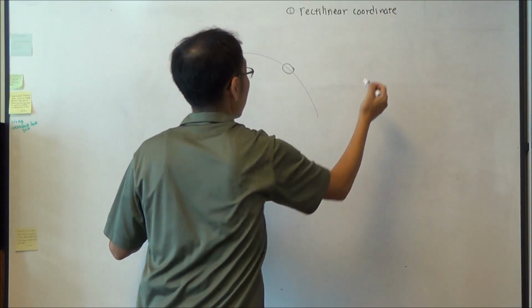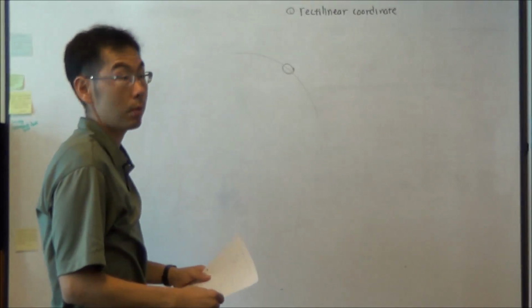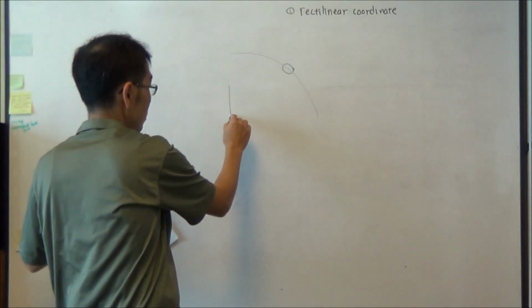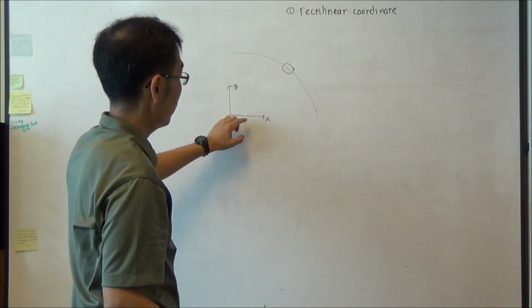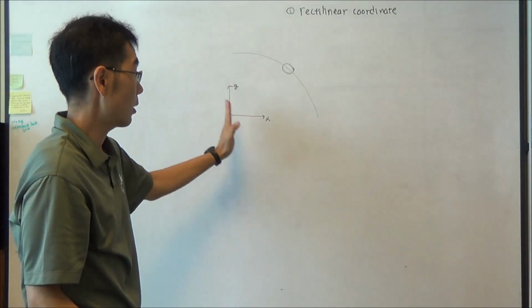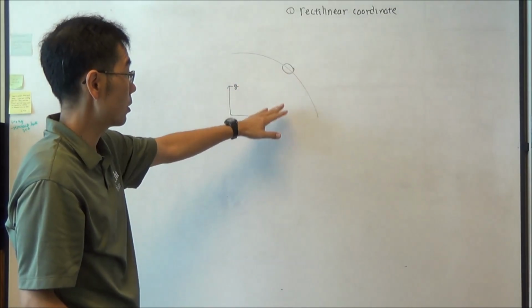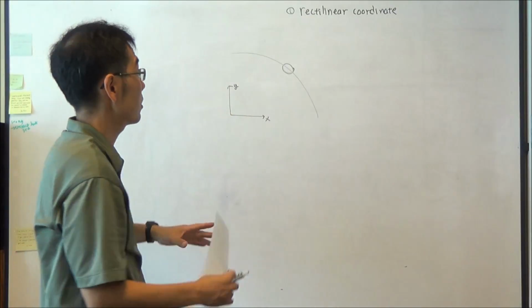So when you describe this motion, sometimes you use this rectilinear coordinate system, which means you just set x and y, and then think about the position vector that has x and y components and describe motion with respect to the xy coordinate system.